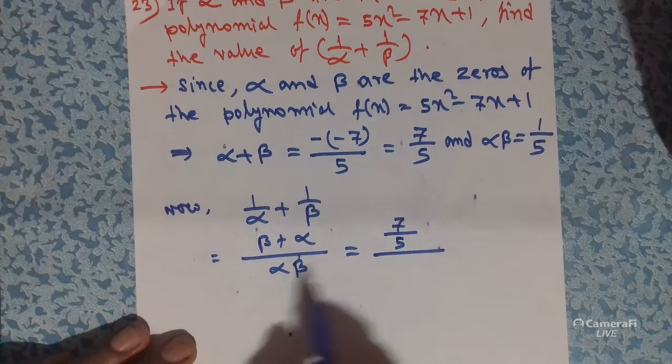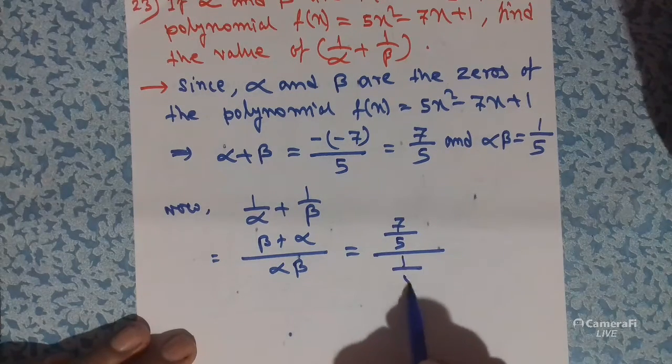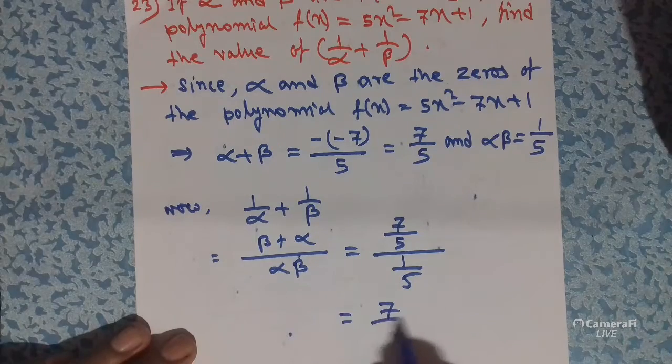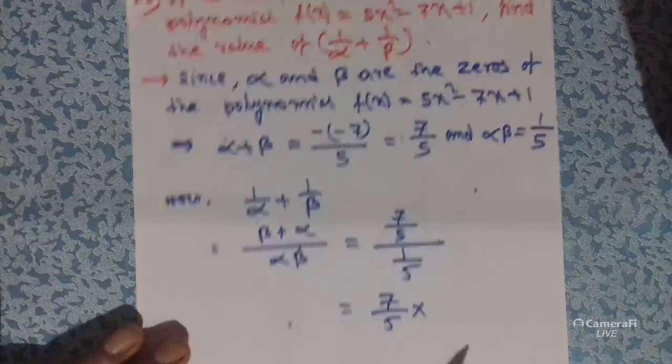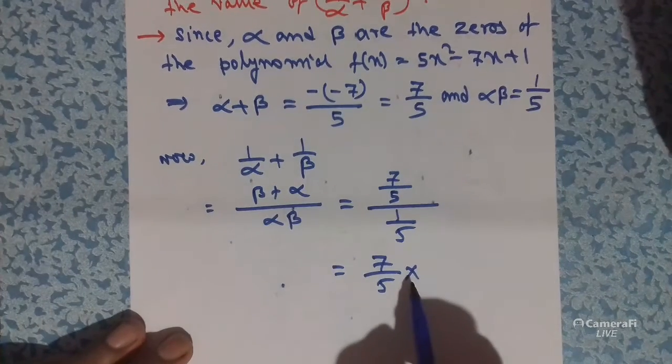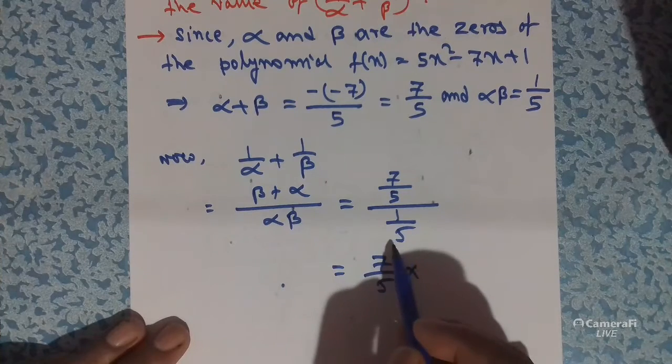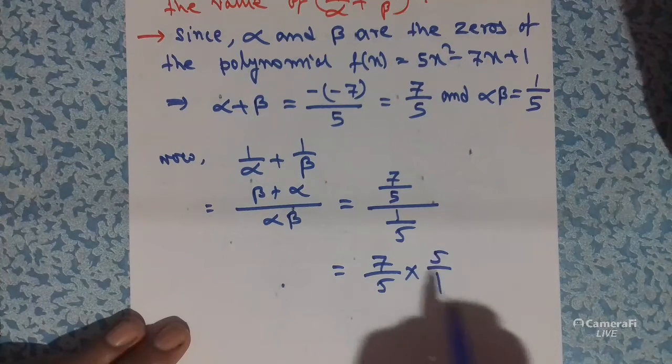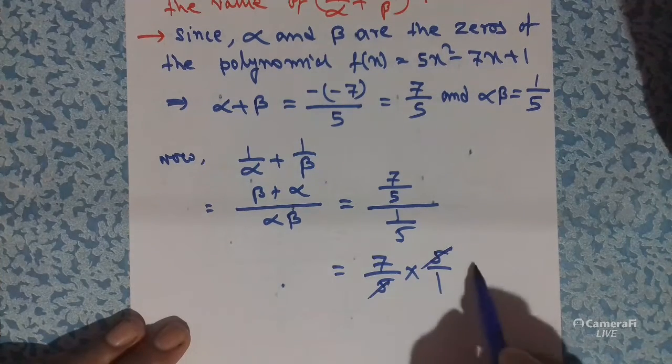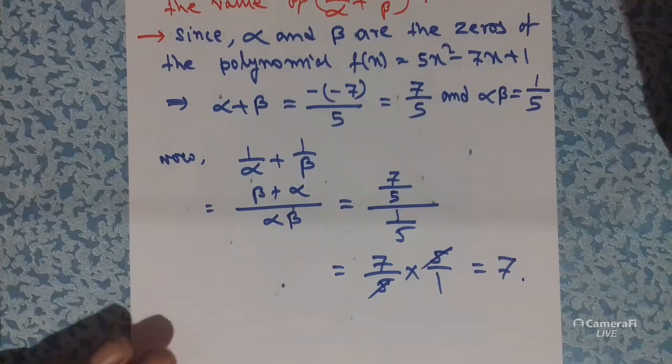And here the value of alpha beta is 1 by 5. So 7 by 5 into, when we write like this, 1 by 5 must be reciprocal, so it will be 5 by 1. So 5 will be cut. Answer is 7. So the value of 1 by alpha plus 1 by beta is 7.